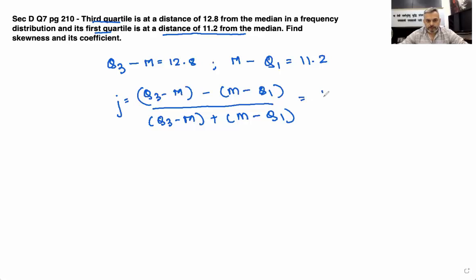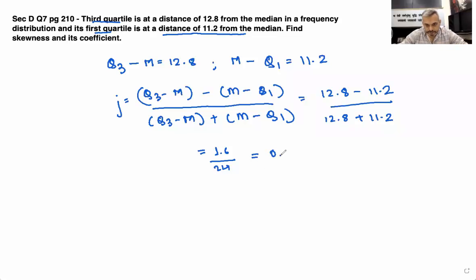So which is equal to 12.8 minus 11.2 upon 12.8 plus 11.2, which is equal to 1.6 upon 24, which is equal to 0.066, which is equivalent to 0.07. Now this is the coefficient of skewness.